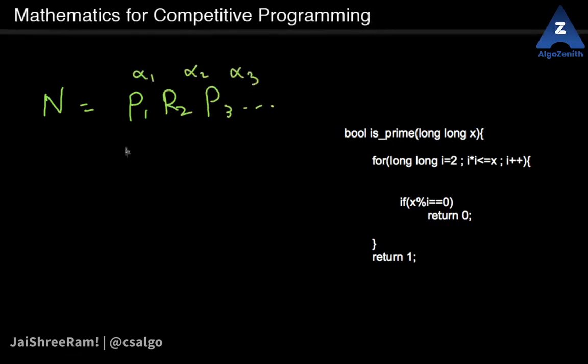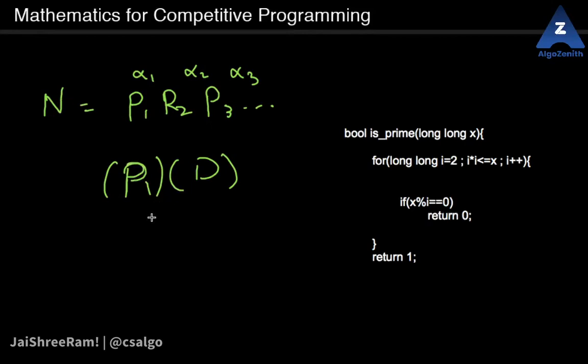Let's think about one particular factor p1, and take the rest of the numbers all together and write that as d. Since n is not prime, there should be some prime p1 that divides n, and hence n is not prime in itself.